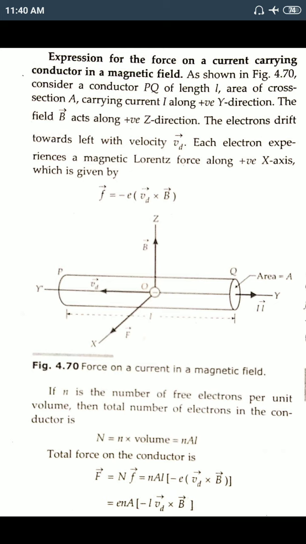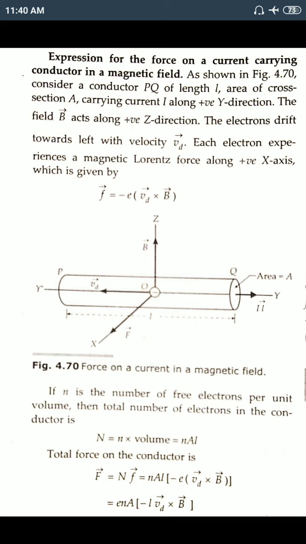Here you see in this figure, PQ is a conductor having length L and area of cross section A, and it carries a current I along the positive Y direction.